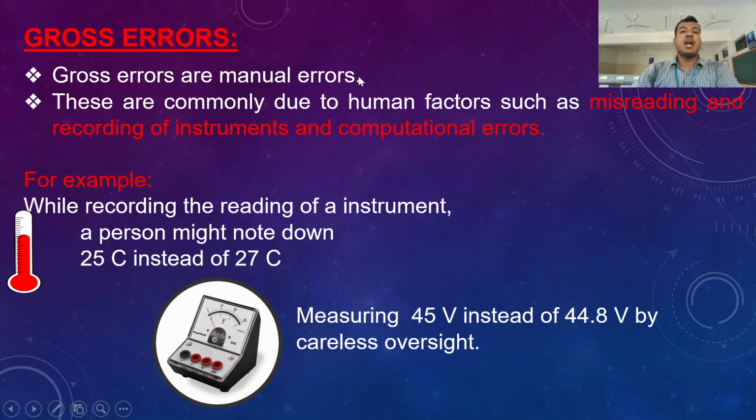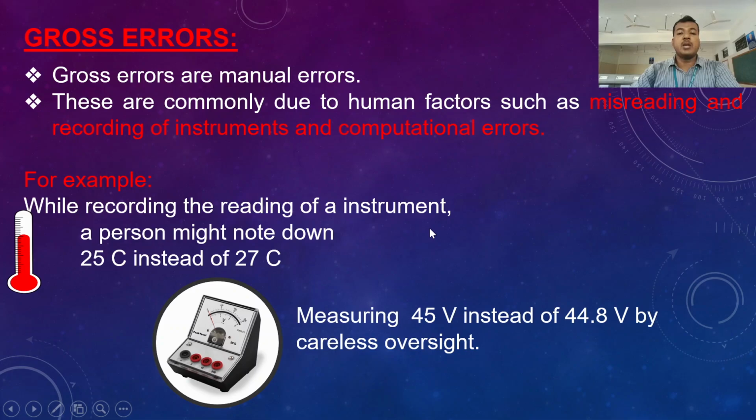Gross errors are manual errors. When we are doing some measurements, for example, if a person is asked to draw a straight line of 5 centimeters, he may not get exactly 5 centimeters. He may get 5.01 or 5.02 or 4.98. These are commonly due to human factors such as misreading and recording of instruments and computational errors.